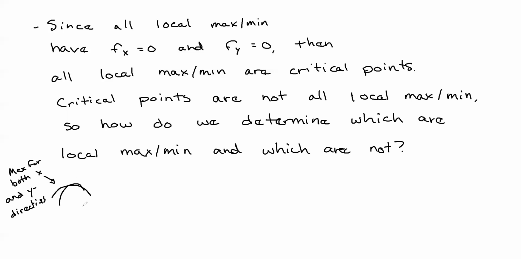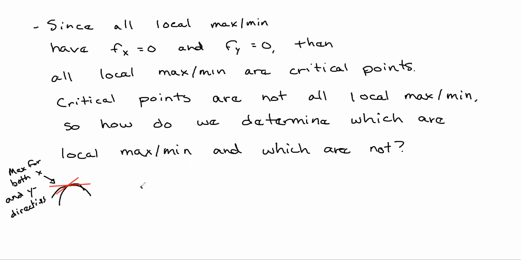And in that case, yes, if we had the partial with respect to x equals 0 and the partial with respect to y equals 0, this would be a case where we have a max. So you could draw a little partial with respect to x equals 0, partial with respect to y equals 0, and you get that shape. And yes, we could have the opposite of this for a min.